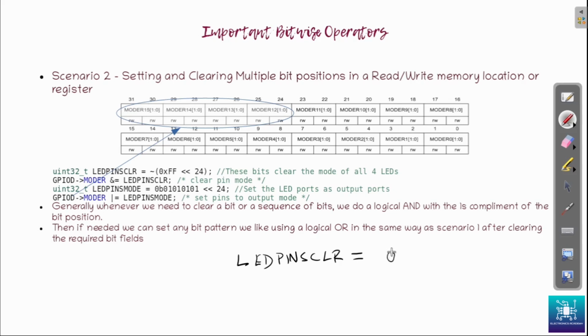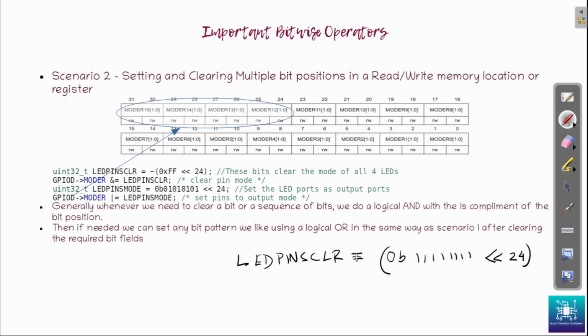Or you could also do this, 0b11111111. Either way it's fine. But not only that, in which position is it? It starts from bit number 24. So you have to left shift it to bit number 24. So whatever you defined here moves up to bit number 24 here. Now we have to clear these bits first, right?